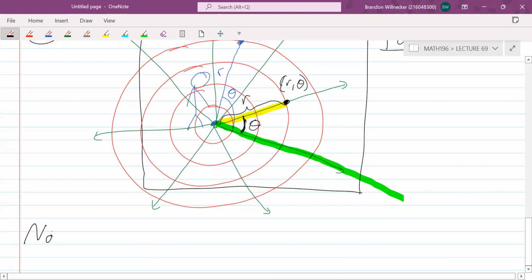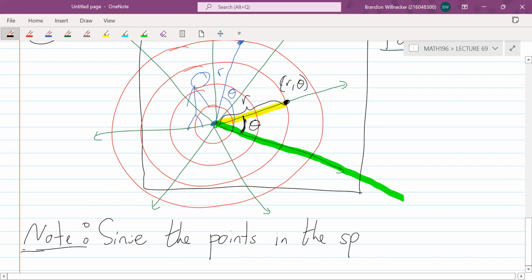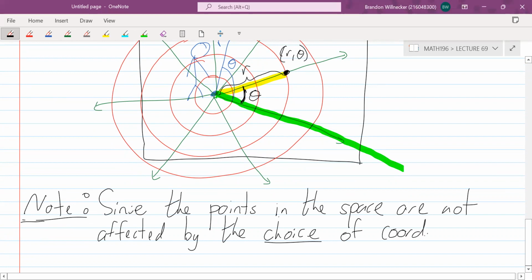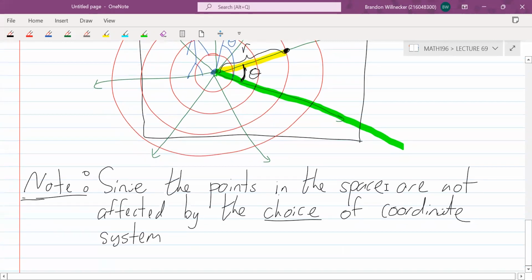Okay, so note. Since the points in the space are not affected by the choice of coordinate system, remember, you can pick whichever coordinate system you like.